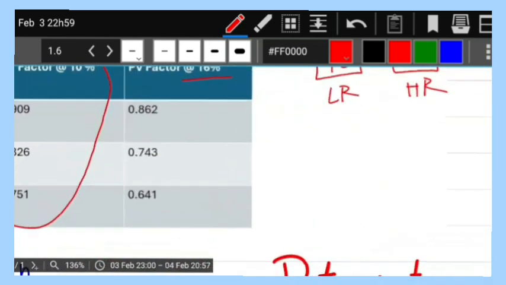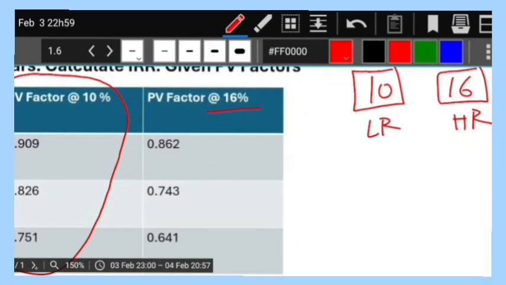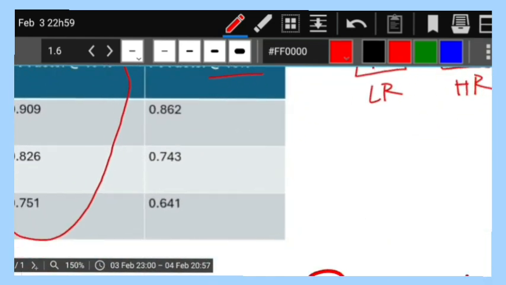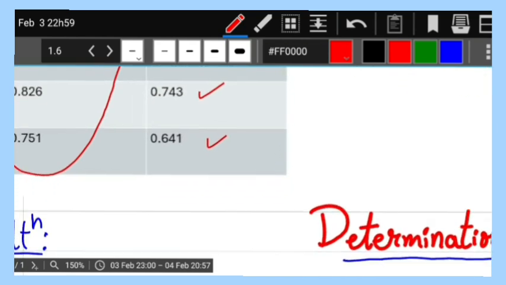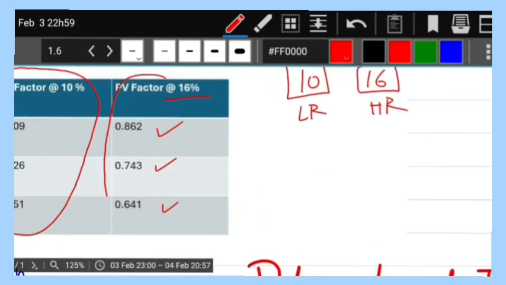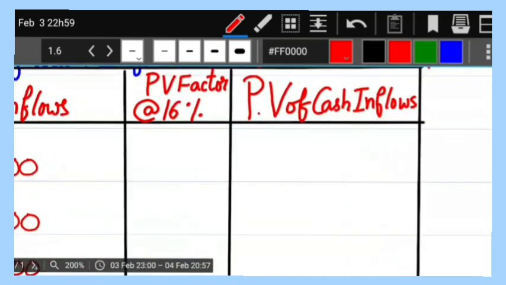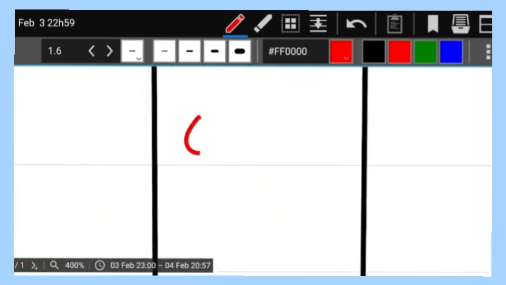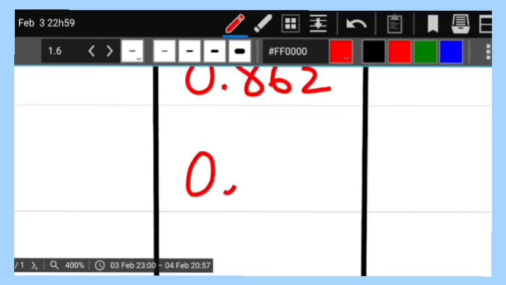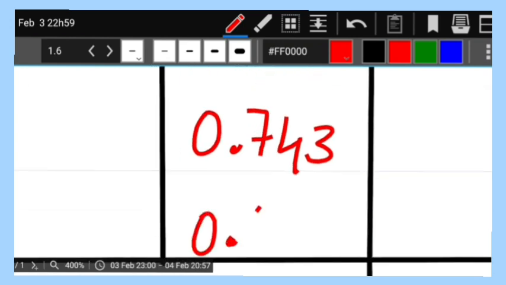Look at the question: PV factor at 16%, 0.862, 0.743, 0.641. The same we have to write here. These values you have to write in the second table, not the first one. Let's write down here 0.862, 0.743 and 0.641.